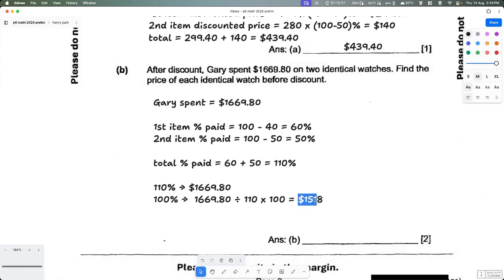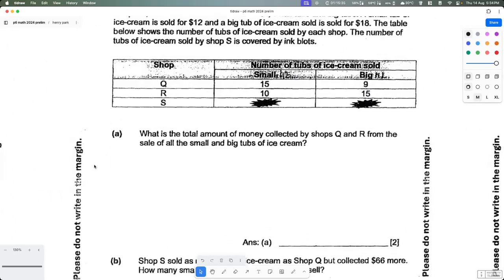So this is the answer, $1518. That's it. Let's move on to the next question.